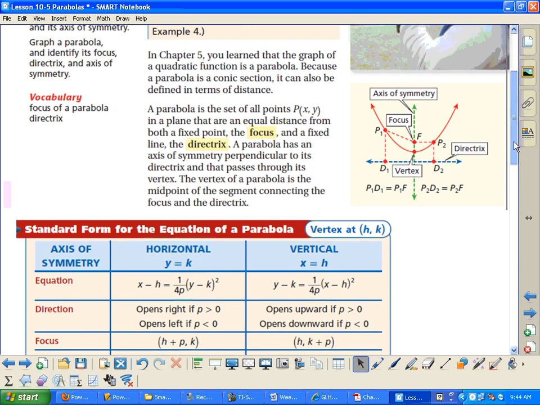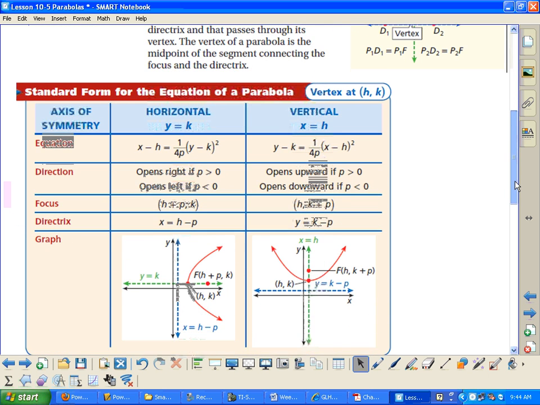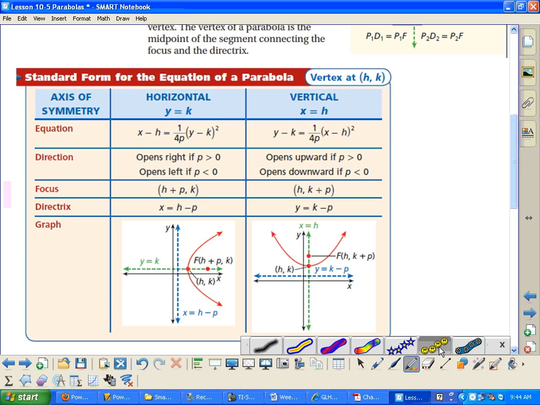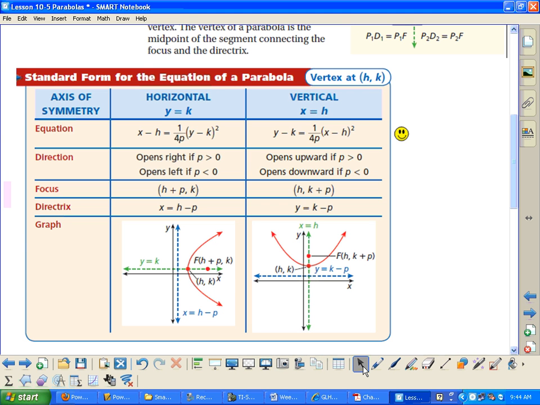And here we have the standard form for a parabola with a vertex at the point (h, k). So we're using h and k again. A reminder from when we talked about parabolas before: with a parabola only one term is squared.